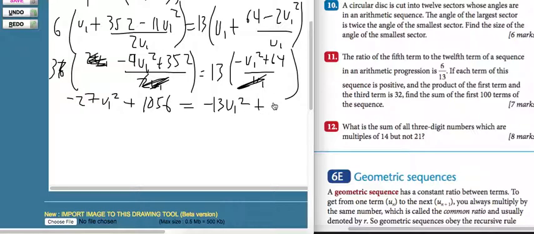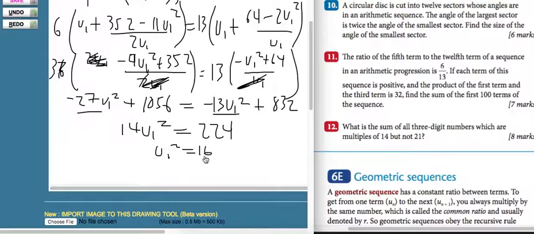It's going to be 832, I mean 832. Now let's bring this over here. I just like it to be positive, so we have 14u1 squared equals 1056 minus 832. It's going to be 224. Divide by 14 on both sides. We have u1 squared equals 16.